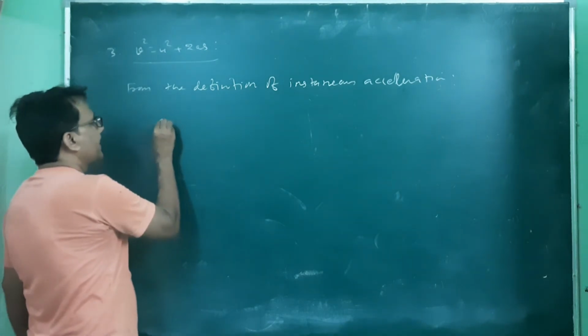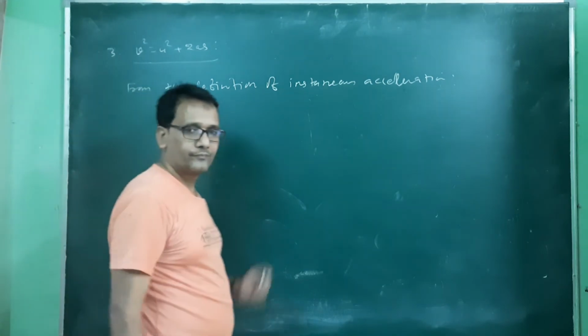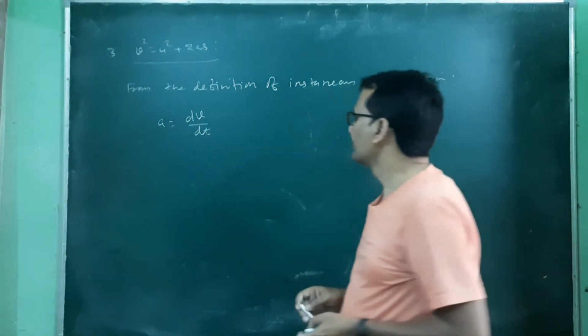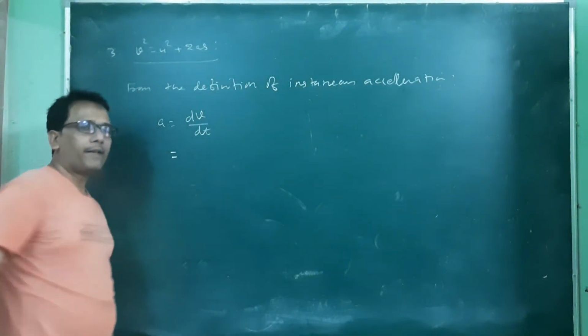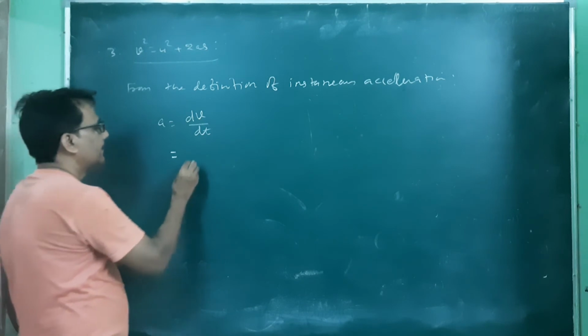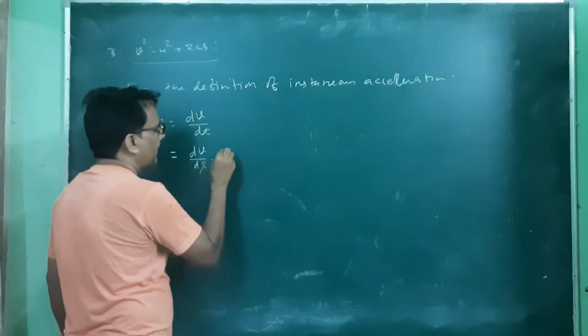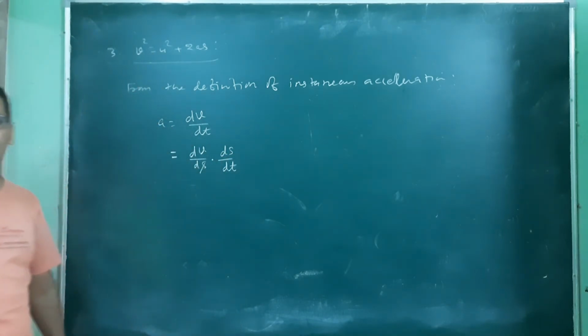So this a is equivalent to dv by dt. And one can rearrange this equation as dv by ds multiplied by ds by dt. Check it.